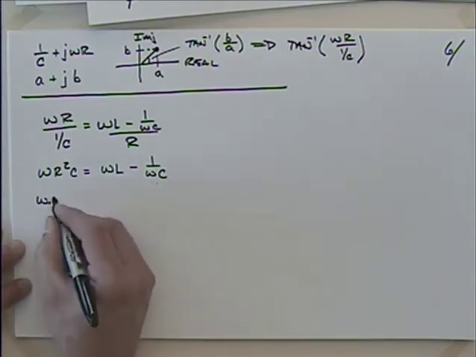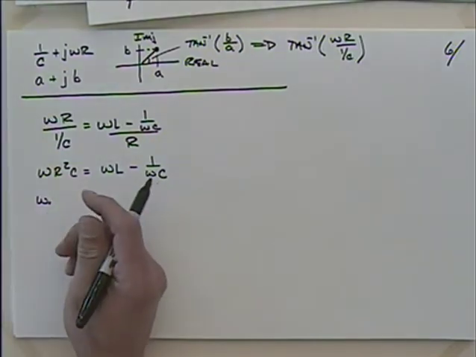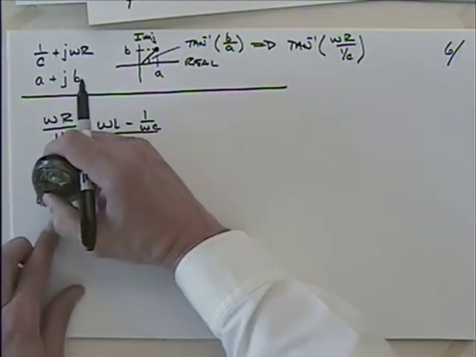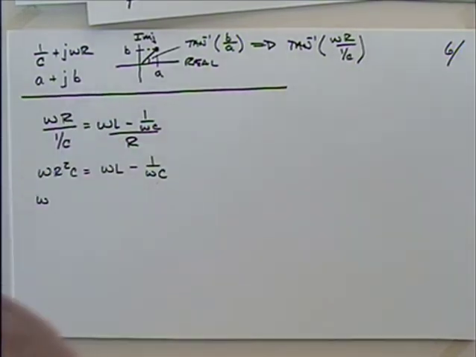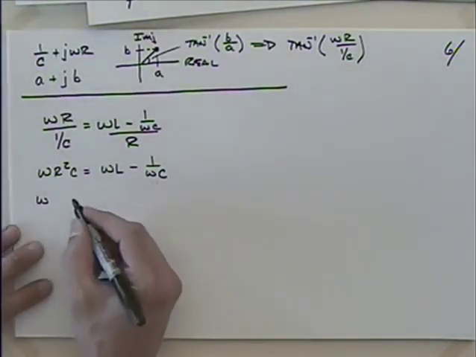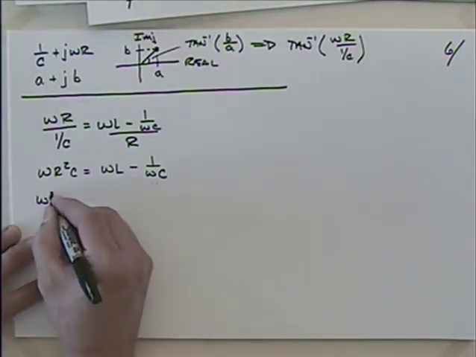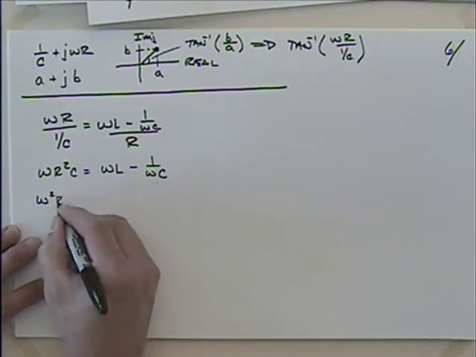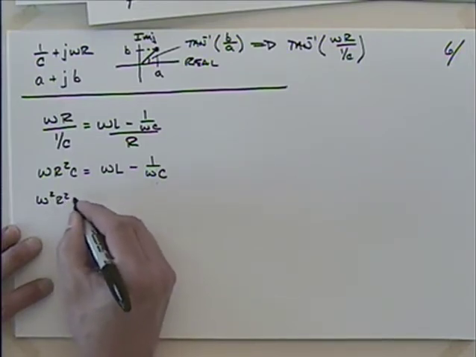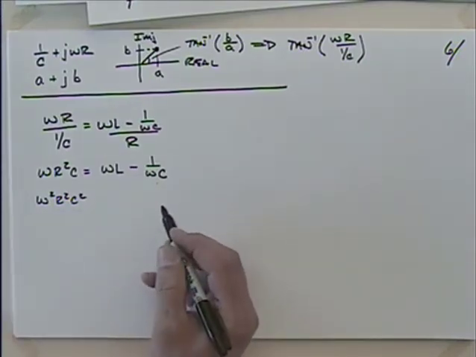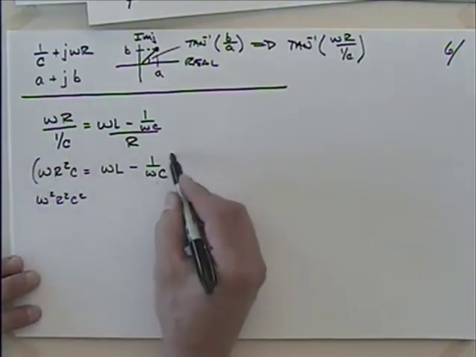So I'll have omega squared times R squared times C squared, because I've decided to multiply everything by what?